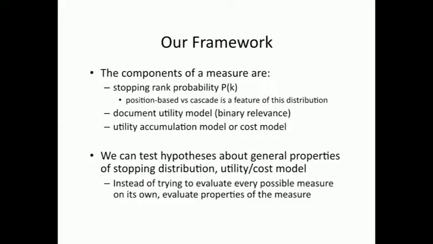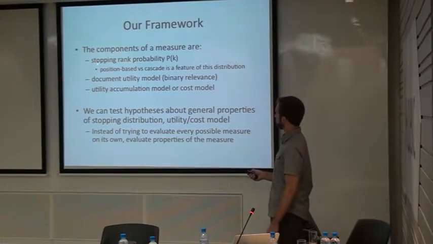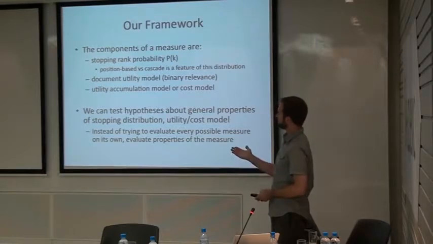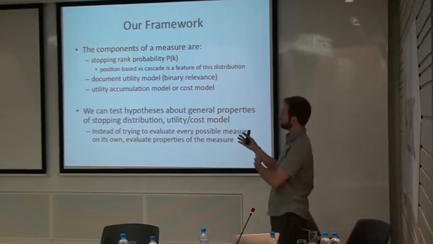They're purely based on discounts of the rank. And then the cascade models, where the discount is based on the relevance of the documents that come up above the one that you're currently looking at, as well as the position in the ranked list. Okay. So that's the introduction.